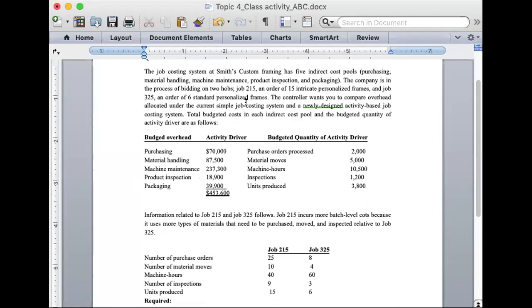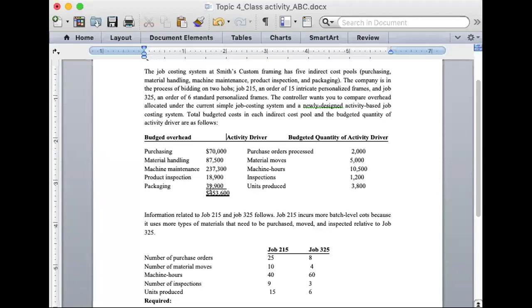Let me adjust it a little bit. So this is your cost pool: purchasing, material handling, machine maintenance, product inspection, packaging. You can see that many activities are involved.